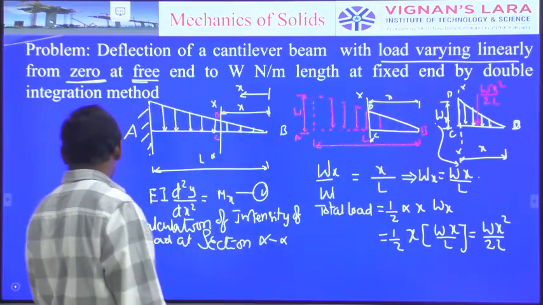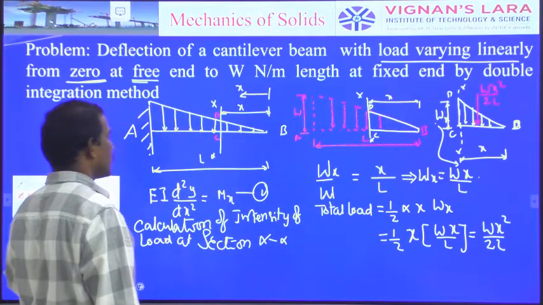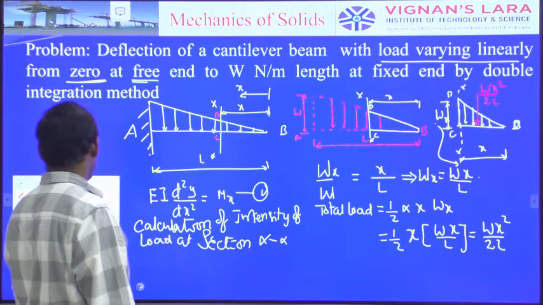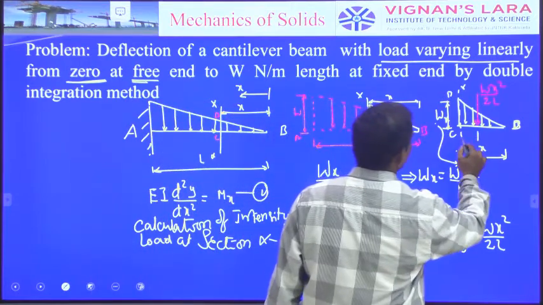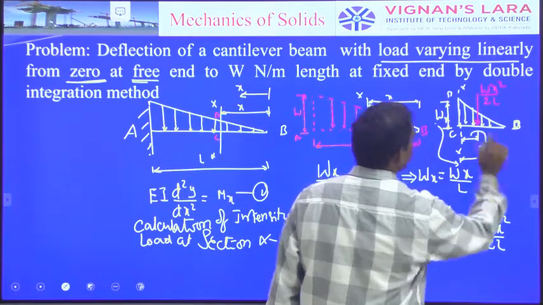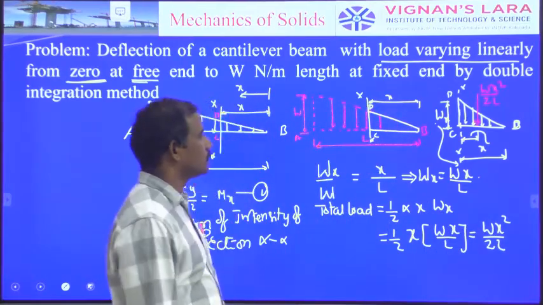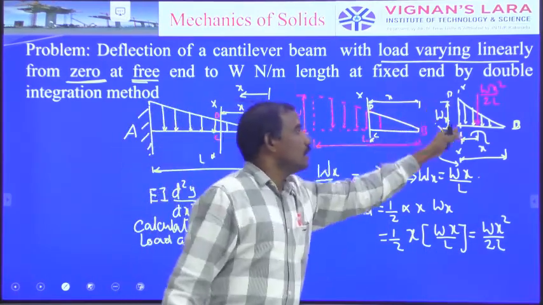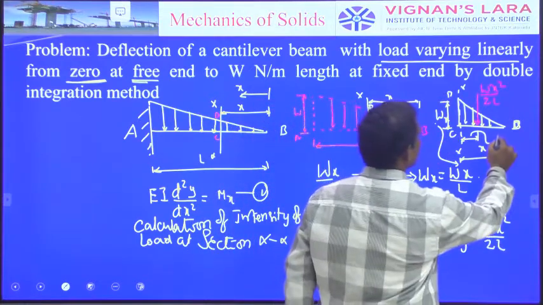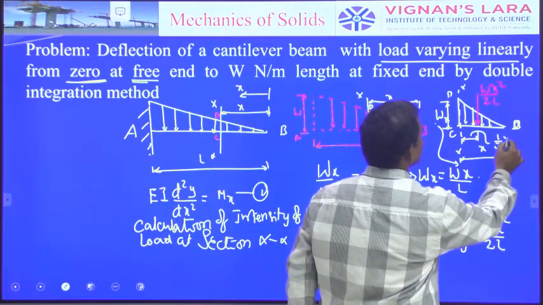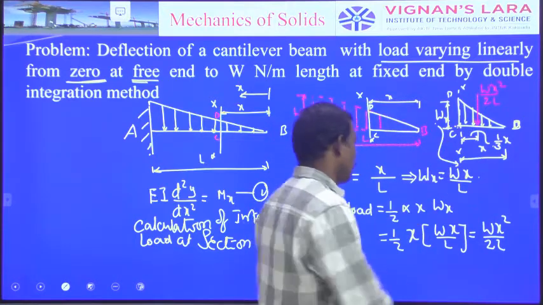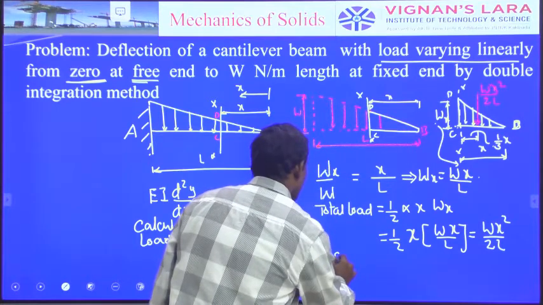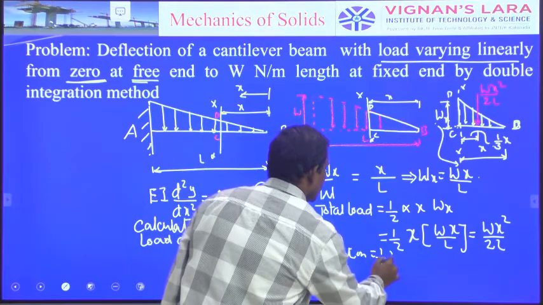While taking moment of a force with respect to the section XX, you must measure the perpendicular distance from the section XX only. It is always 1/3 of x, since it is measured from the vertical side, that is 1/3 of x. That is the location.